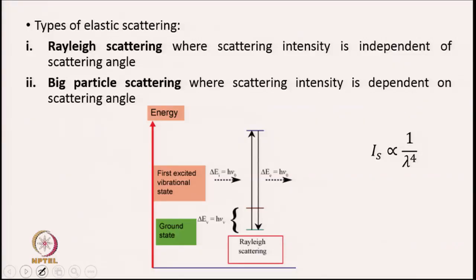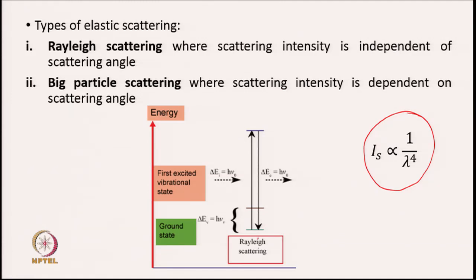One is Rayleigh scattering, where the scattering intensity is independent of the scattering angle, and intensity is proportional to 1 by lambda 4, that is, inversely proportional to lambda 4, whereas in big particle scattering, the scattering is dependent on the scattering angle. So, in Rayleigh scattering the intensity only depends on wavelength, but in big particle scattering it depends on both lambda and the scattering angle.